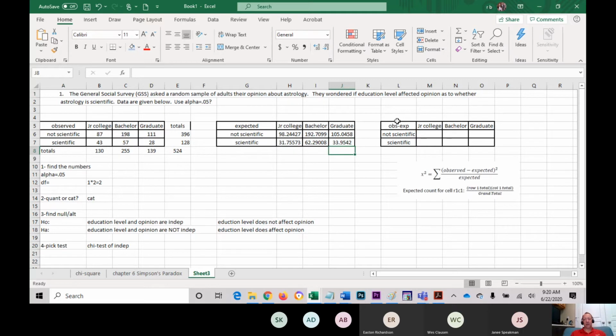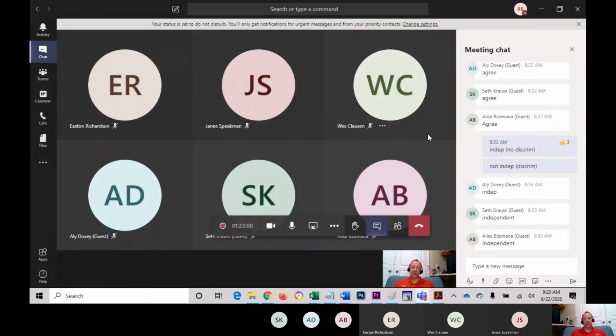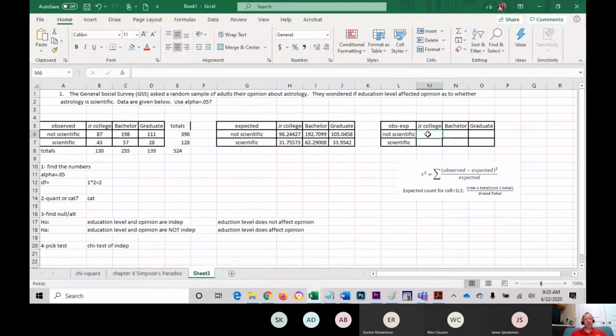Now we get to do something similar with the third table here. Whose turn is it again? Allie, it must be your turn.